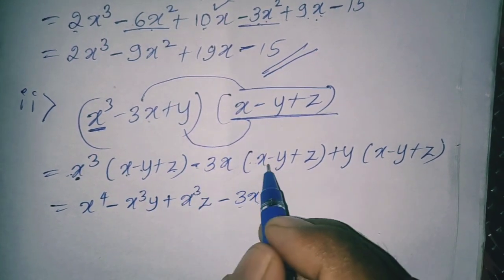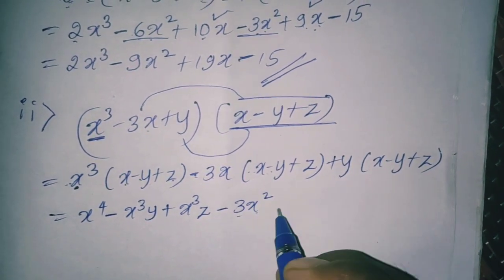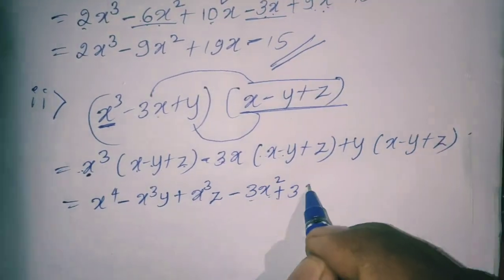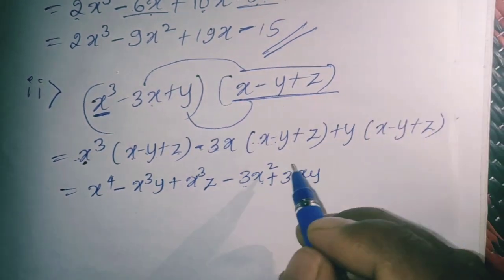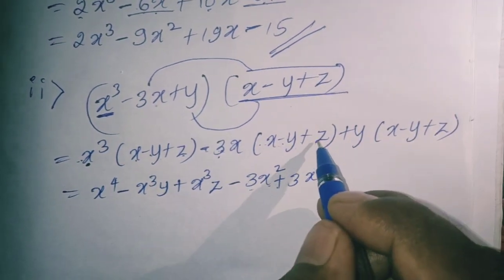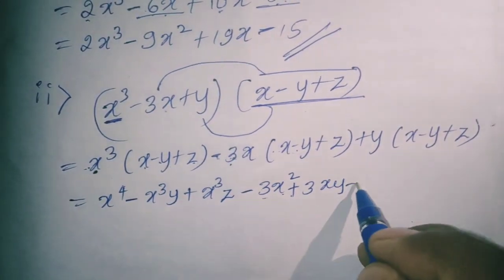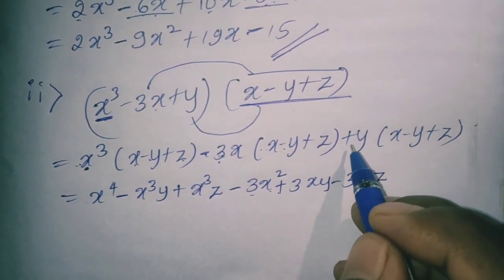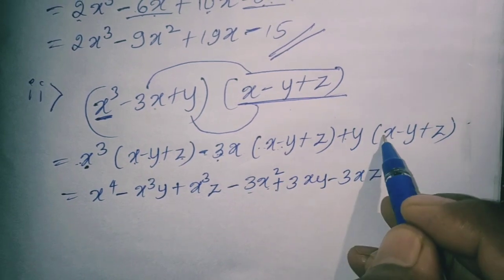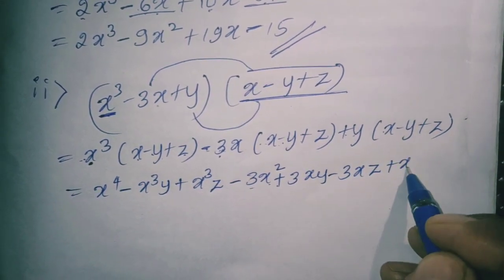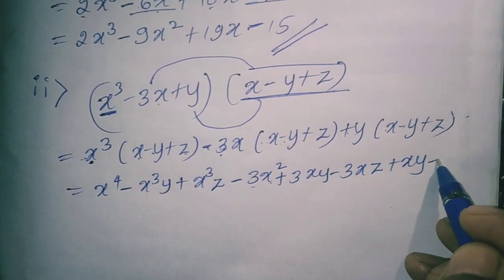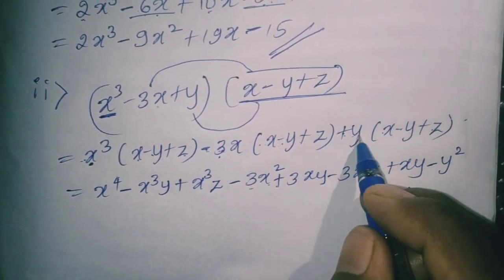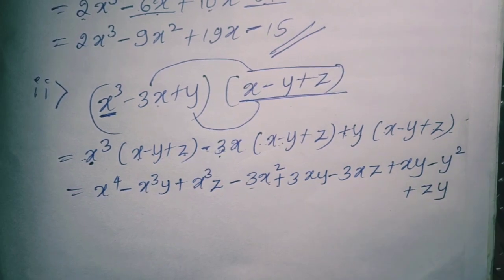Then here minus 3 into minus y, minus into minus plus, 3 ones are 3, x into y, xy. Then minus 3 is multiplied with 1, minus 3xz. Then next plus into plus, plus xy. Then plus into minus, minus y square. Next plus into plus, plus y into z, zy.